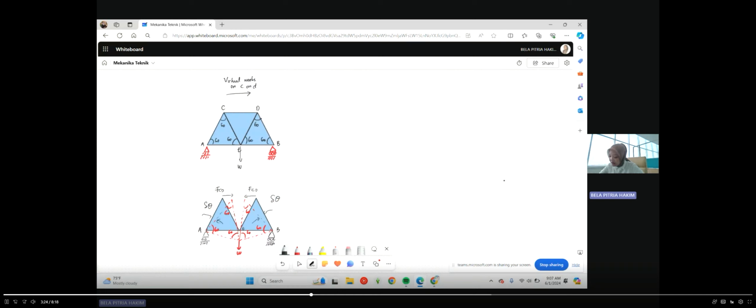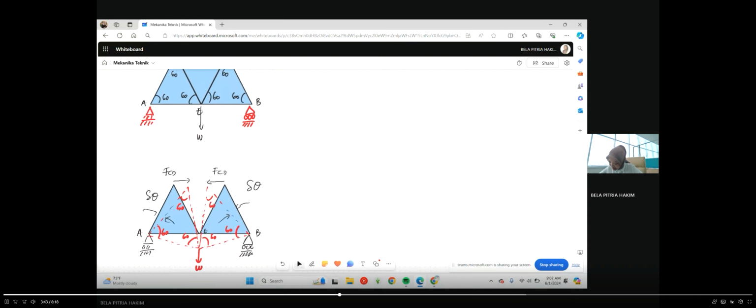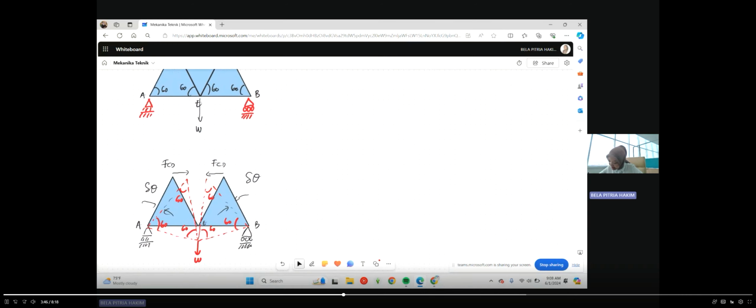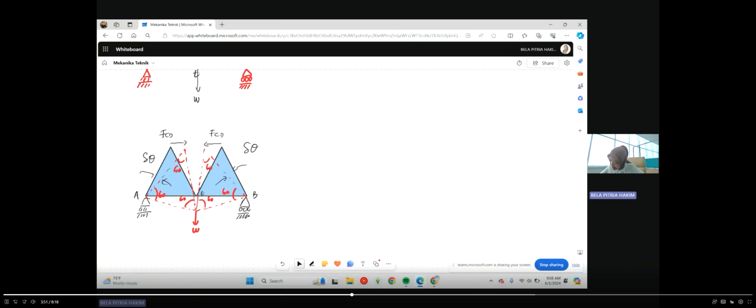Here we know that all angles are 60 degrees. And then on the rotation, because there is a rotation on C, we could write it as A sin theta.